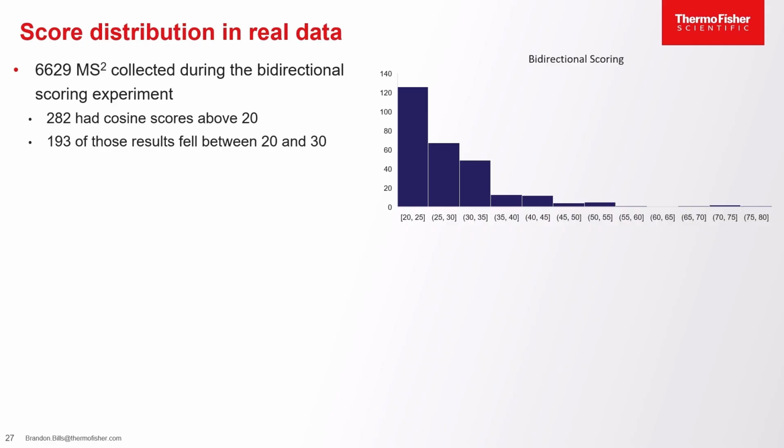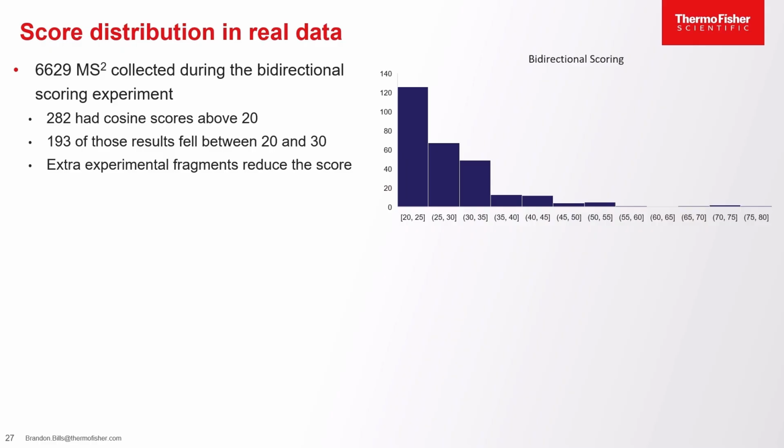And we can see out of those 282 that had scores above 20, 193 of those fell between 20 and 30. That's because anytime you had additional experiment fragments compared to what was in the library, that significantly reduced the score. You only get really high scores with bidirectional scoring if you've got a great match with your library compound.